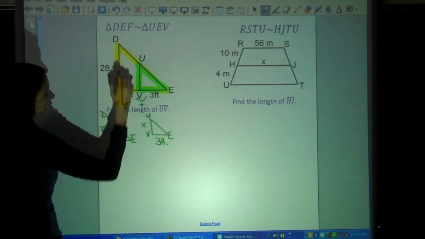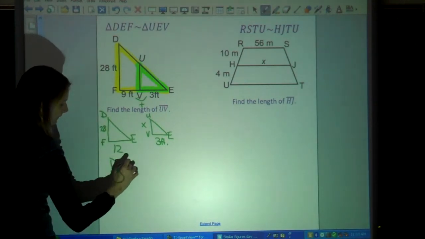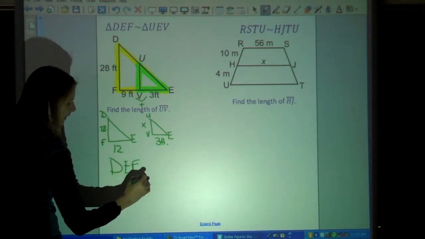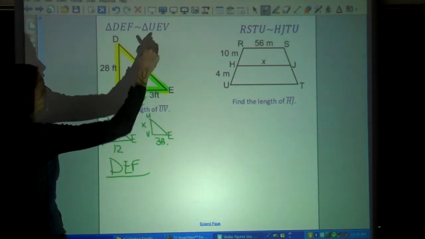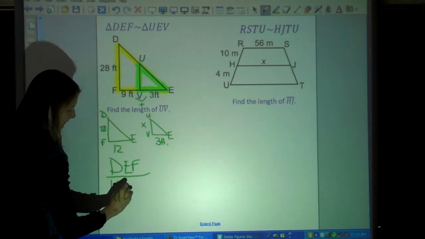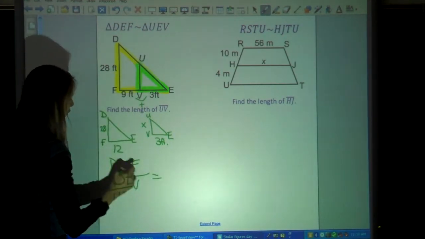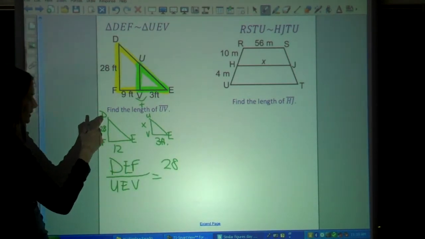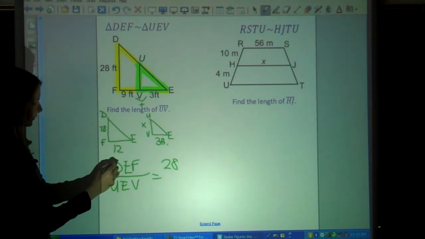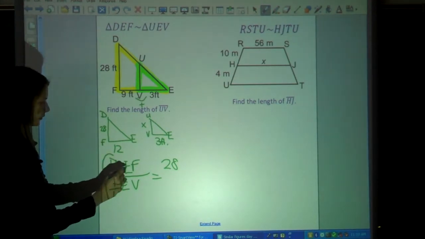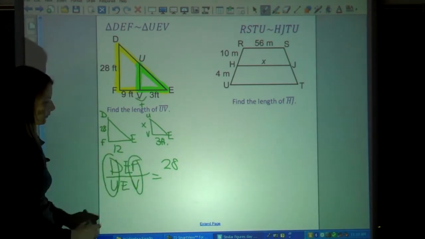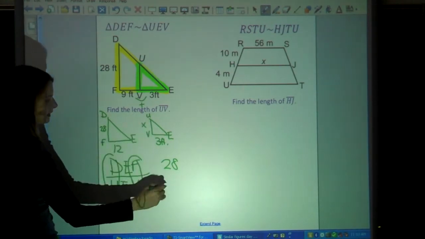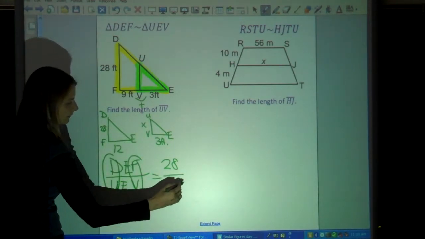So I have triangle DEF, and I'm going to put that over top of UEV. And I'm going to start with my 28 feet, which is from D to F. And if I look up here, D matches up with U, F matches up with V. So UV will go underneath.